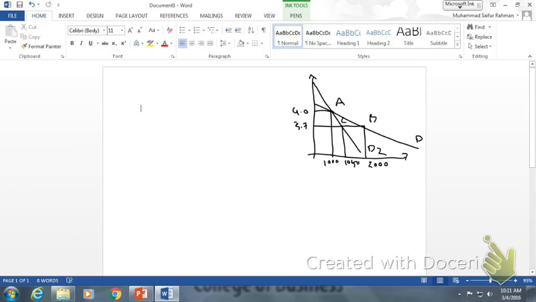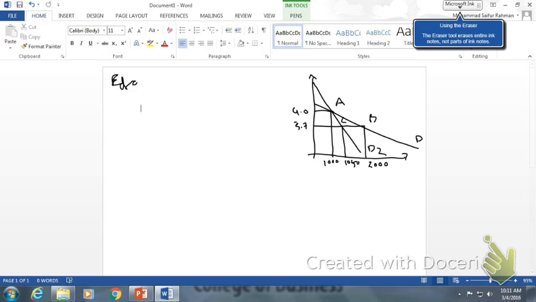Okay. The price elasticity of demand is always written as something that is barely readable.